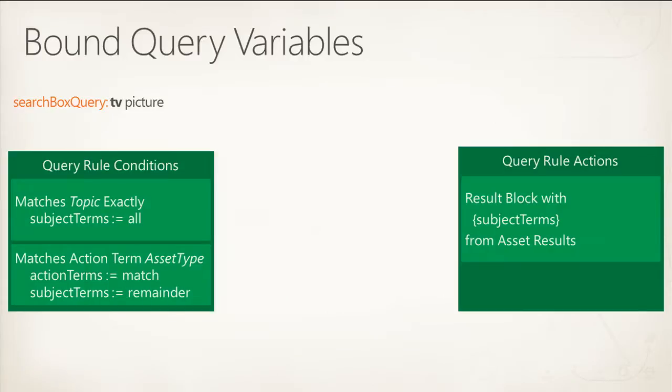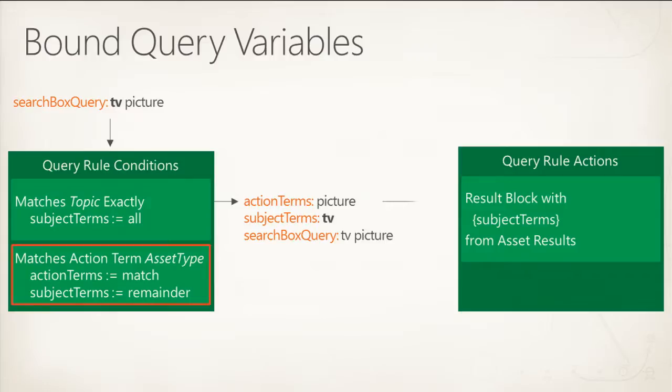So the condition that's going to match here is the second one, the action term condition, which means action terms is going to be assigned to the match, which here is picture. The remainder will go to subject terms. So this is what you get, action terms picture, subject terms TV. So when you go off to the action, what gets sent to asset results is TV.